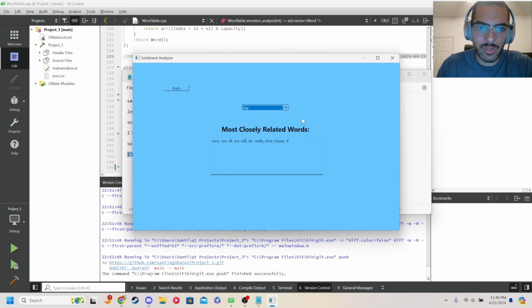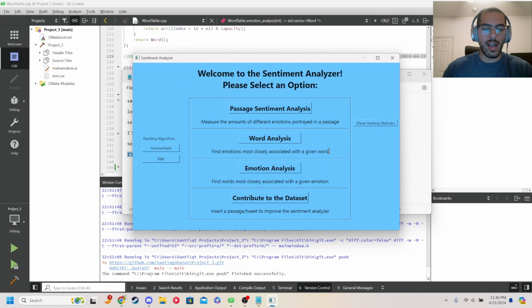So here's sadness, joy, love, anger, fear, and surprise. And those are the 10 words that are most closely related to those emotions. And that actually depends entirely on the data set. So if the data set were to grow or expand, that would actually grow and expand as well. So that's the emotional analysis.